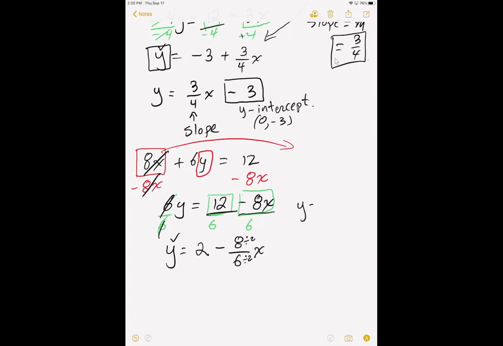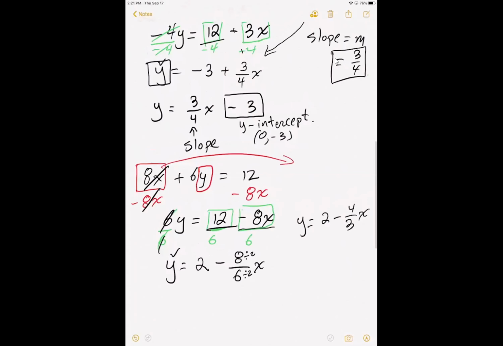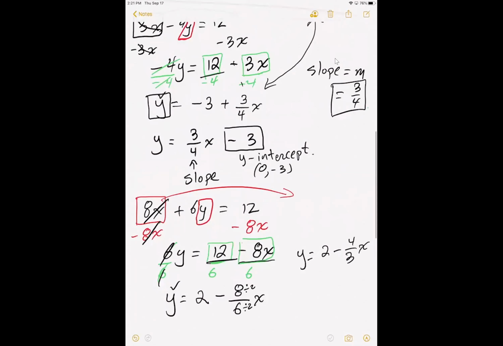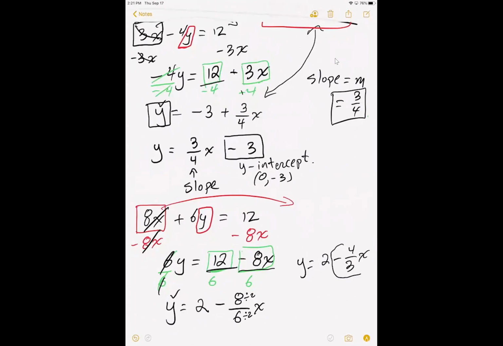My y is equal to 2 minus 4/3 x. And to make this the same as my previous problem, my y equal mx plus b, do you agree that I can take this item and move it to the front, meaning I have y equal to -4/3 x plus 2.